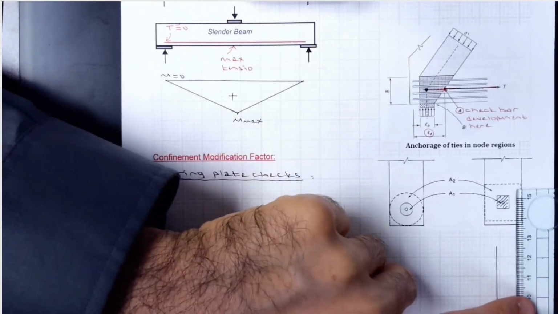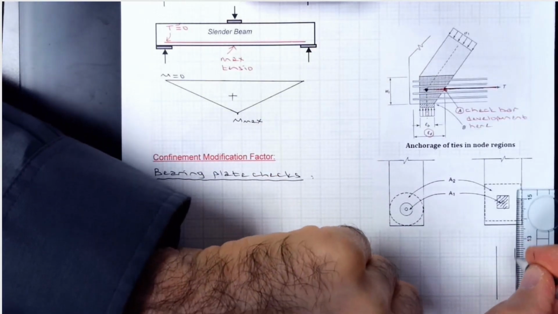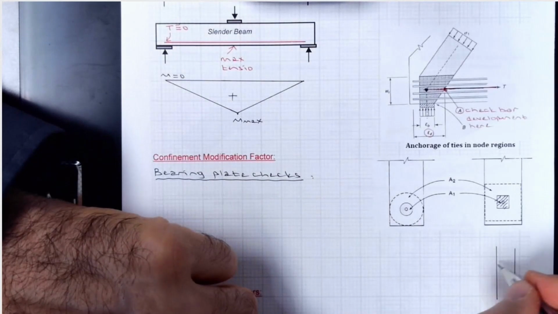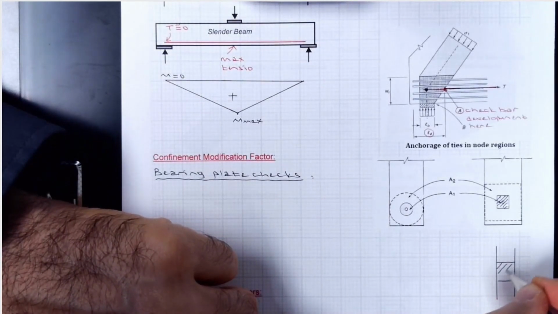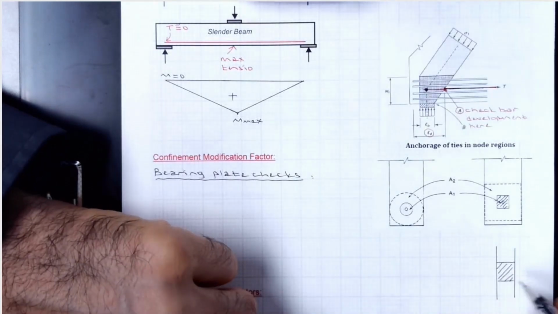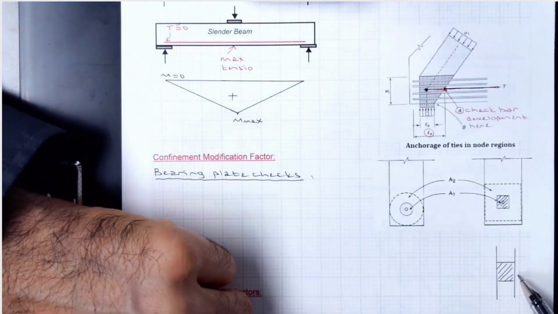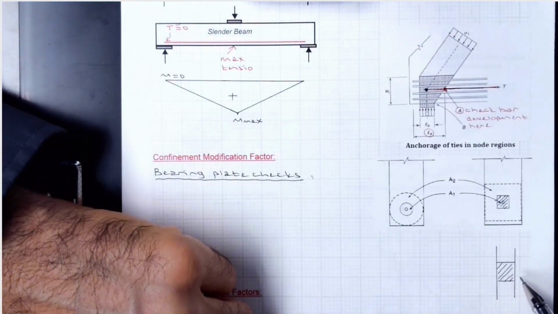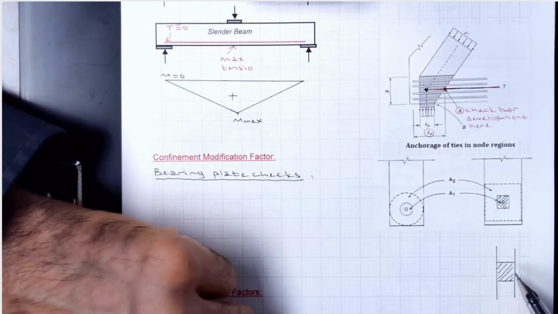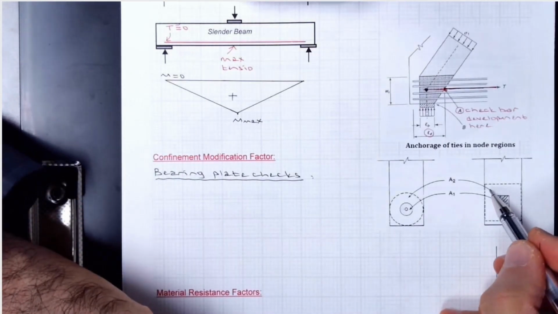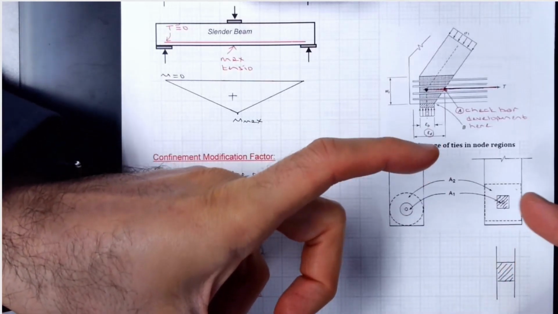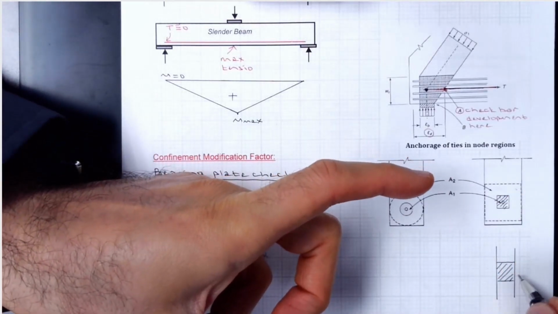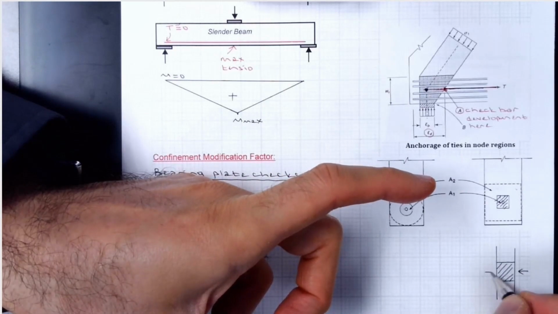So you might have such a narrow member, something like that, and you might have a bearing plate like this. So concrete capacity under the bearing plate will not be the same, because in this situation you have unused concrete which is going to be confining the section. In this situation you don't have anything confining, right?